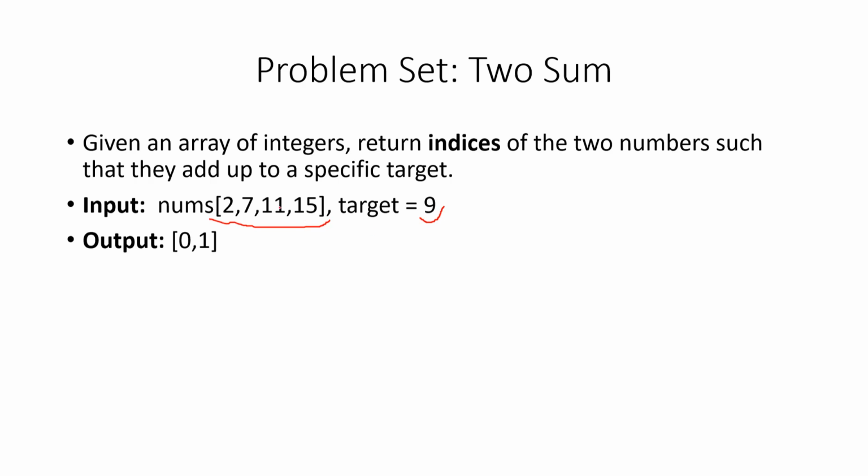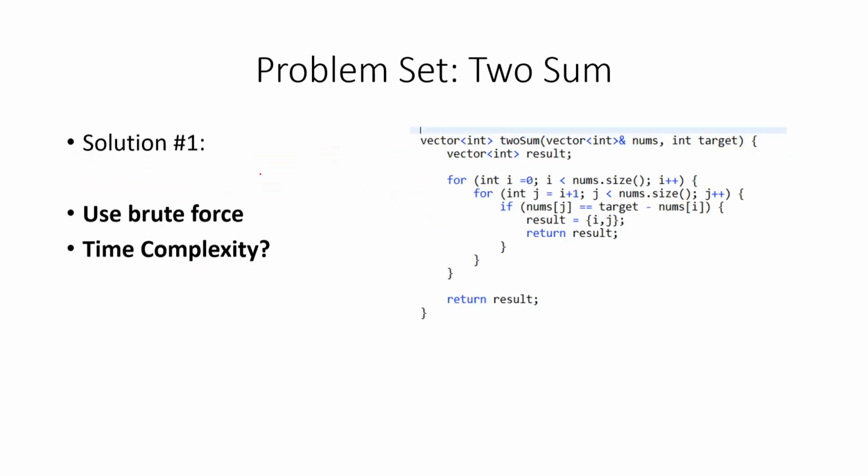Even though the example is sorted, initially we assume that our input data is not sorted. So here the output is the indices that sum up to the target 9. If we add 2 and 7, we have 9, and the indices of those are 0 and 1.